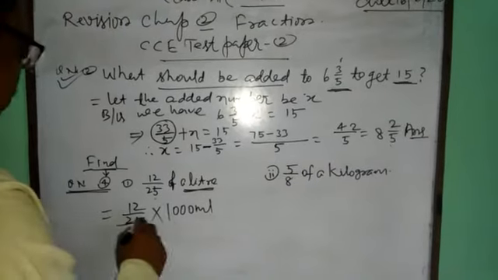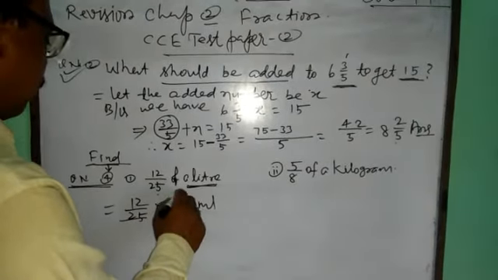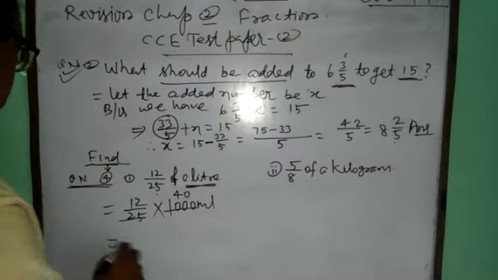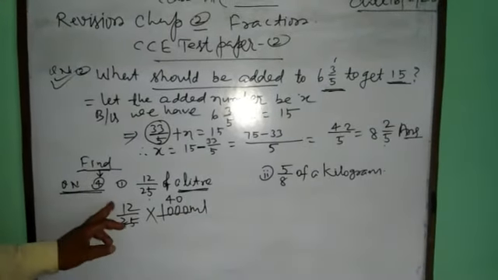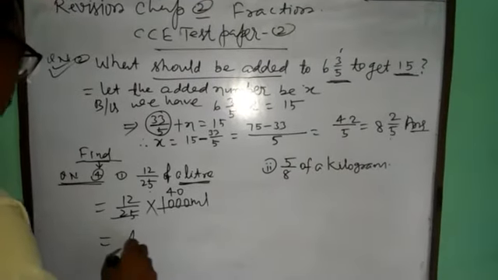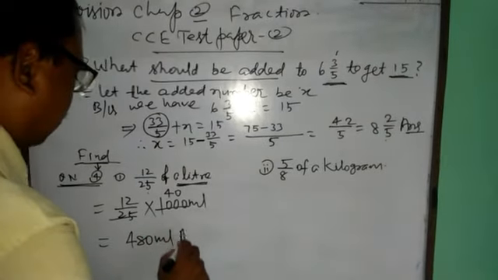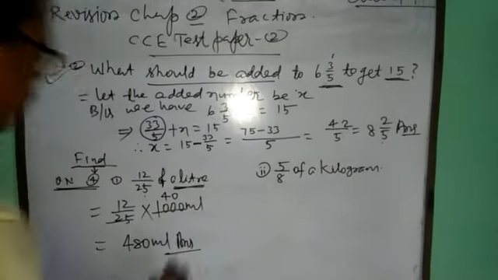Now we divide 1000 by 25, which is 40. In product, 12 and 40 is equal to 480 ml. Answer.